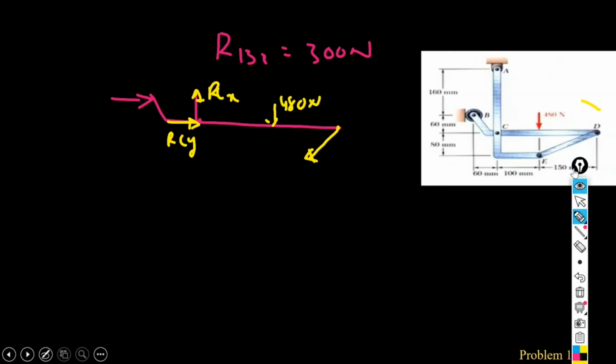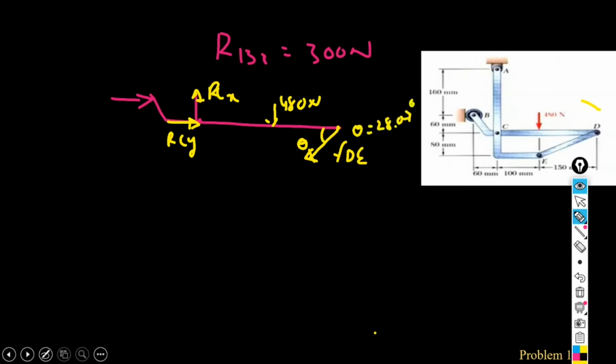Given that, we can find the angle from the link length: tan theta is equal to 80 divided by 150, and theta is equal to 28.07 degrees.